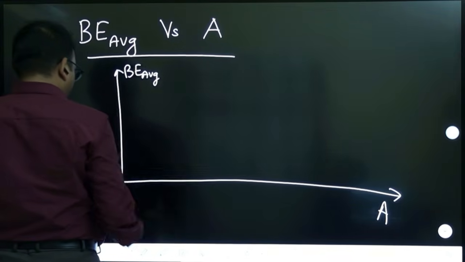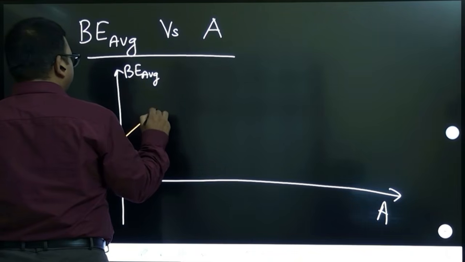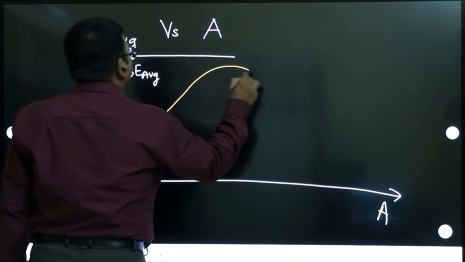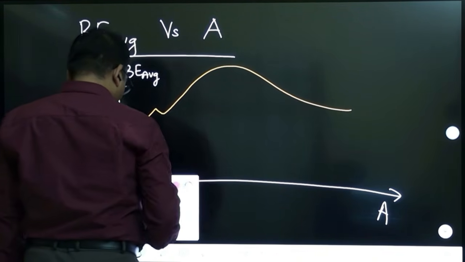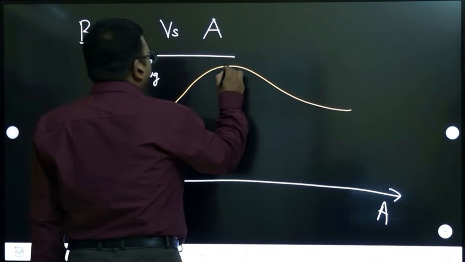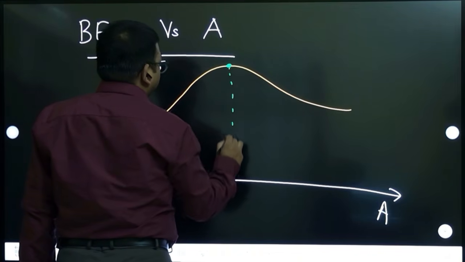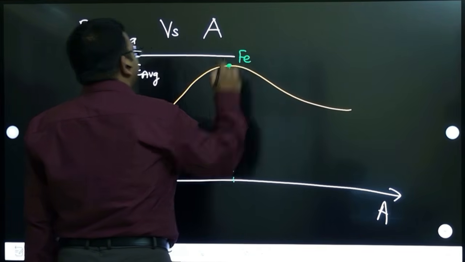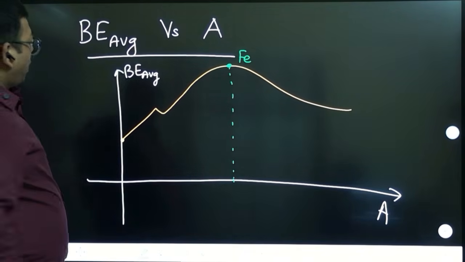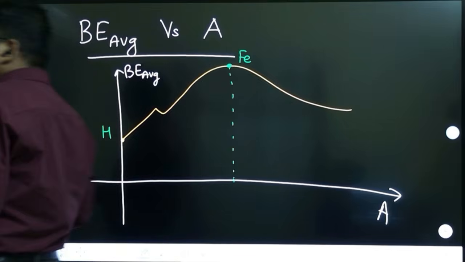So this graph looks like initially it goes a little bit high, then goes to a peak value and attains a maximum. This maximum happens for iron, Fe, and of course here it is for hydrogen, then helium and other things.